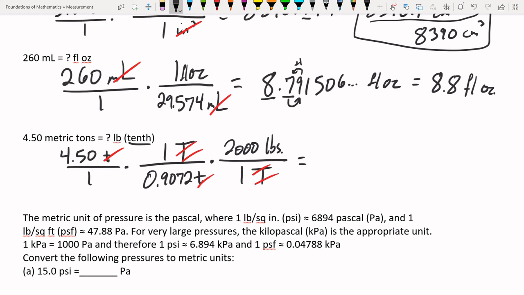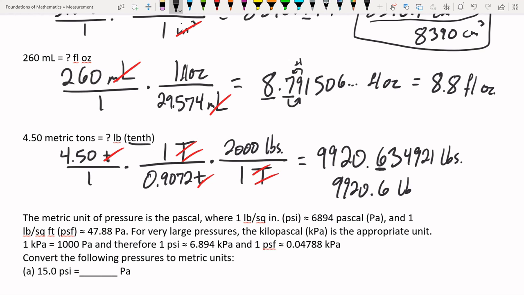And we have pounds left over. So doing the actual multiplication gives us 9920.634921 pounds. Round to the nearest tenth. Let's round to this spot here. So that would be 9920.6. And we can calculate, if we wanted, rounding to significant digits.